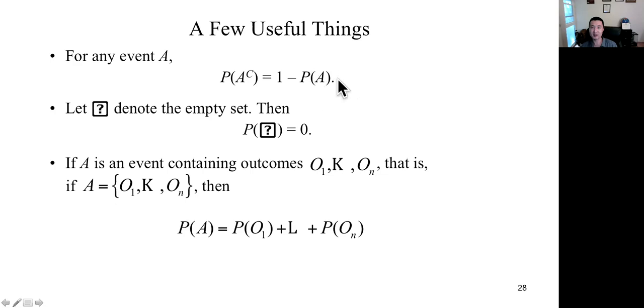Or if we put P(A) on the left side, the probability A occurs plus the probability A does not occur is equal to 100%, of course. And let's denote the empty set, which means nothing occurs. Then the probability of the empty set is equal to 0.